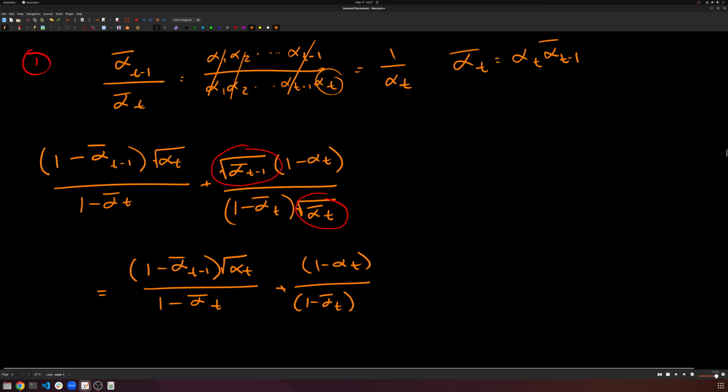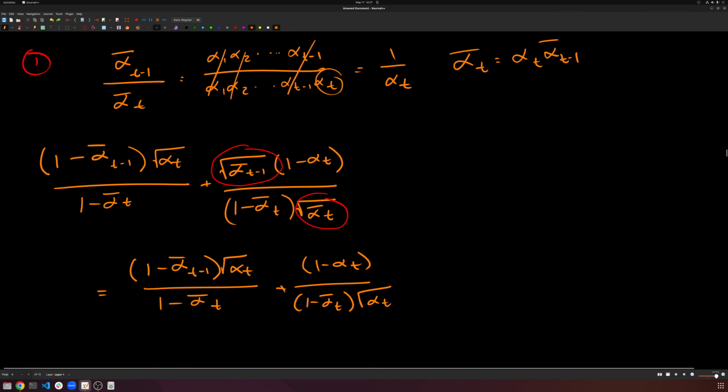And then we have the square root of all of this, right? Square root of alpha hat t minus 1 over the square root of alpha hat t is the same as the square root of 1 over alpha hat t, which means we just have the square root of alpha t here. Sorry, I meant alpha t here. So square root of 1 over alpha t. Good.